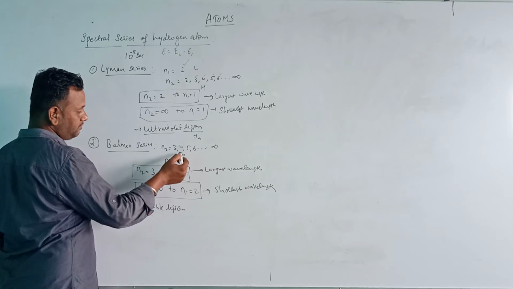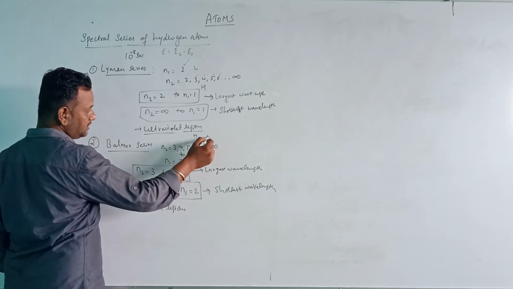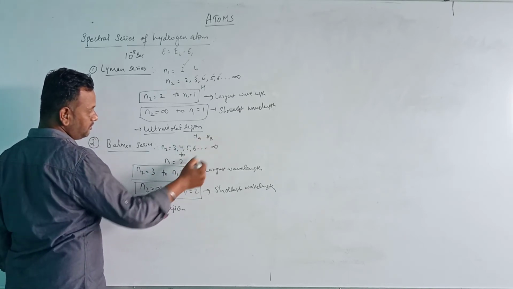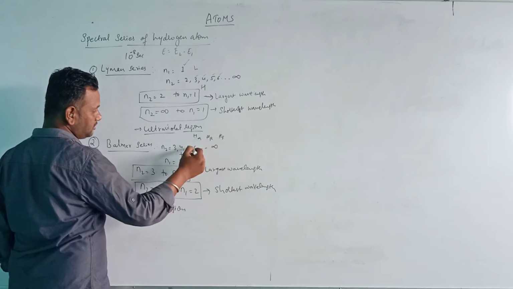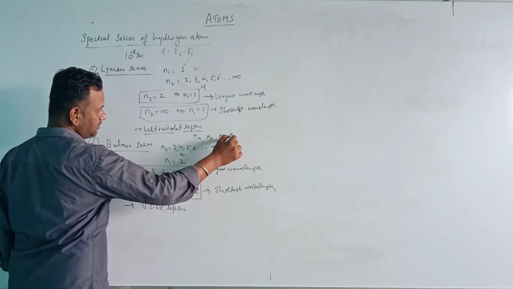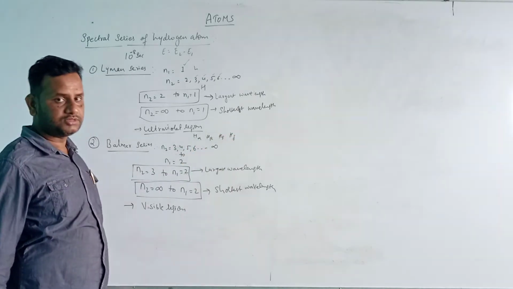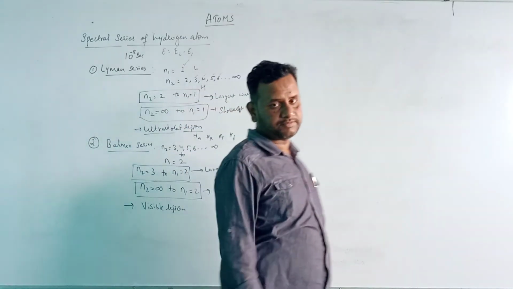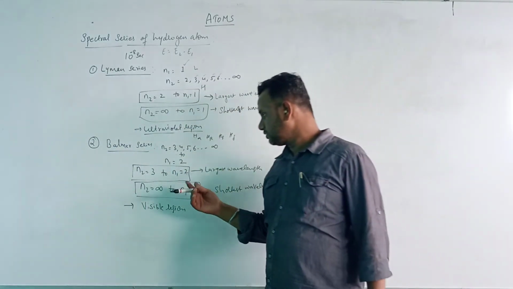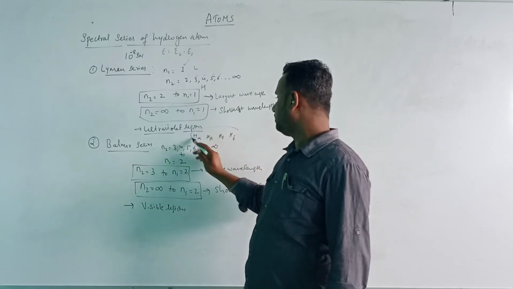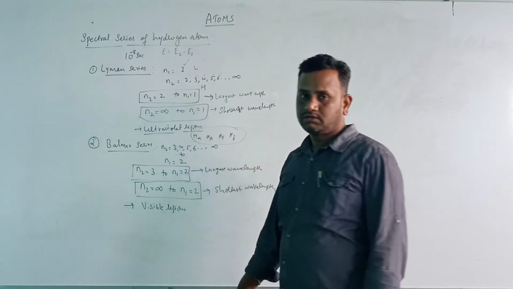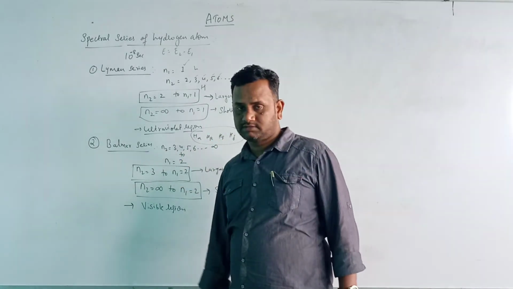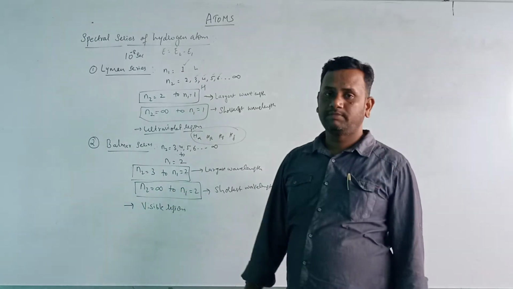If it takes place from fourth to second, it is H beta; fifth to 2, H gamma; sixth to 2, H delta. I have explained this topic in the last video class, so just go through that video, where you can see all the spectral lines of the Balmer series. So this is all about the Balmer series.